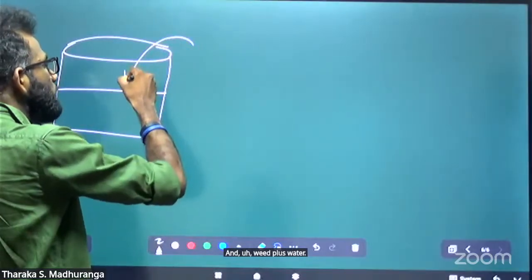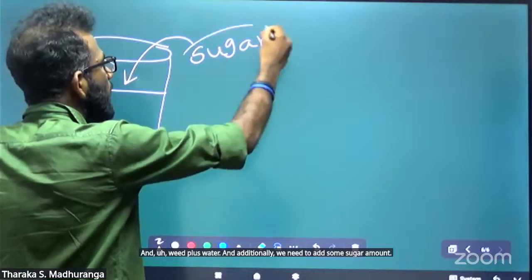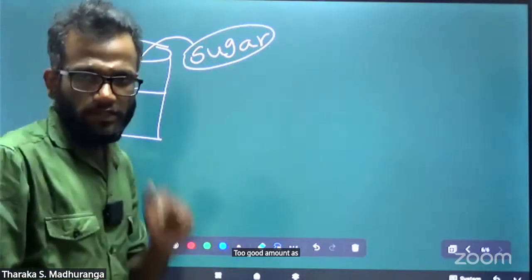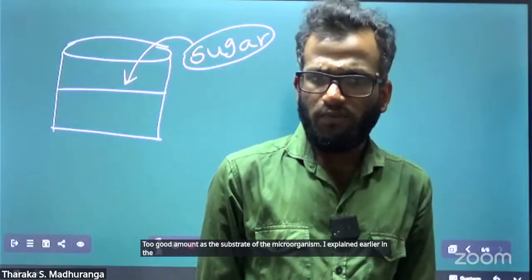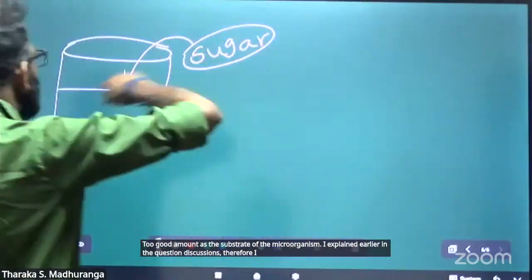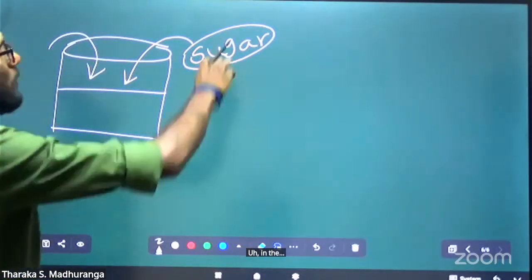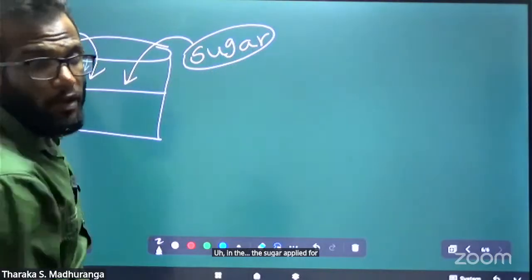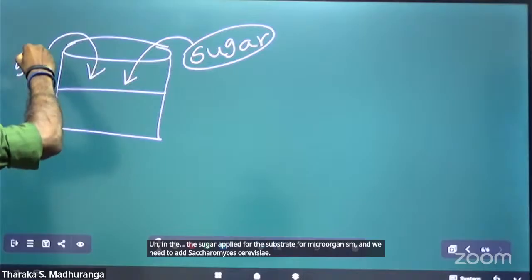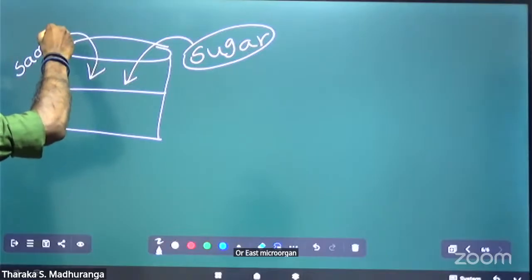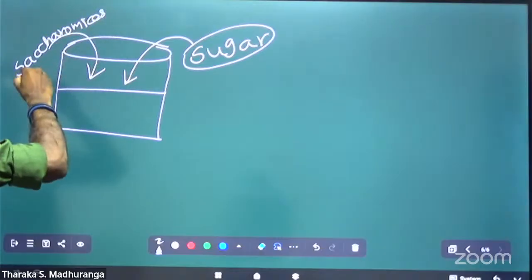Additionally, we need to add some sugar as a substrate for the microorganism. I explained earlier in the question discussions, therefore I will not take more time for bread production. And we need to add Saccharomyces cerevisiae, or yeast microorganism.